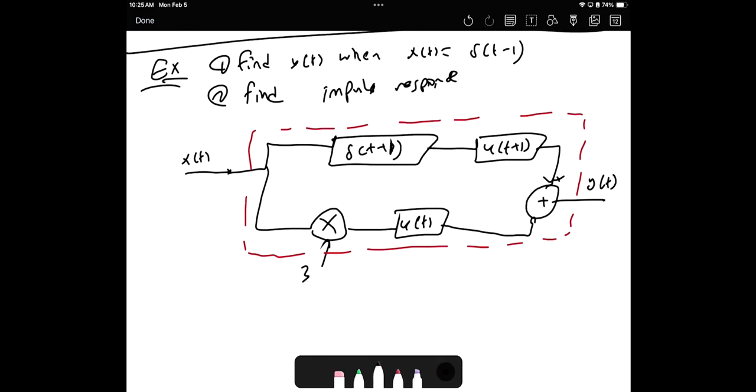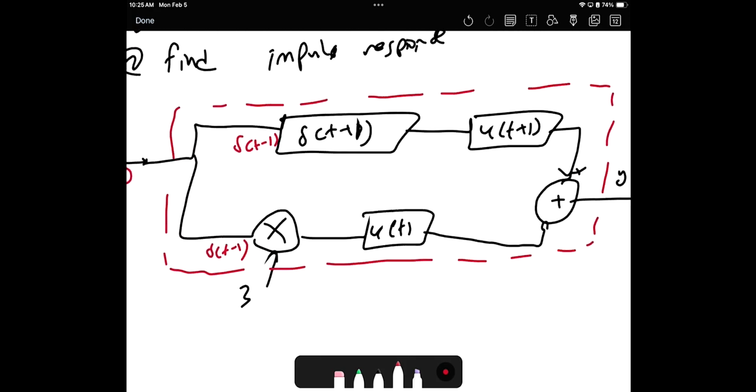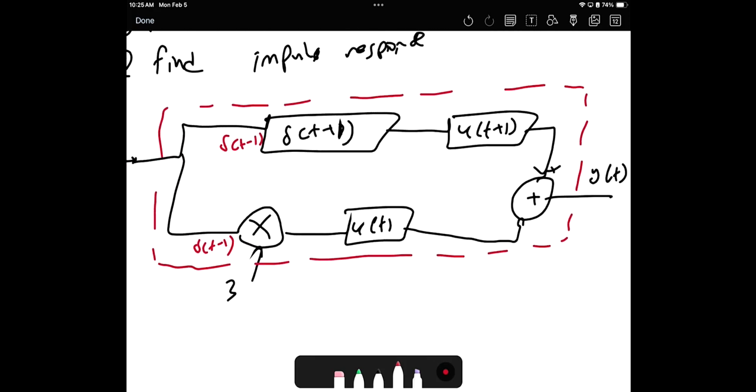So the first thing, we need to calculate y of t when x of t is delta. I'm going to write this in red color. So the input is delta of t minus 1. On the top there's a shift plus 1: t minus 1 plus 1, the minus 1 and plus 1 cancel each other, so there will be delta of t. How about 3 times delta of t minus 1? It will be 3 times delta of t minus 1.